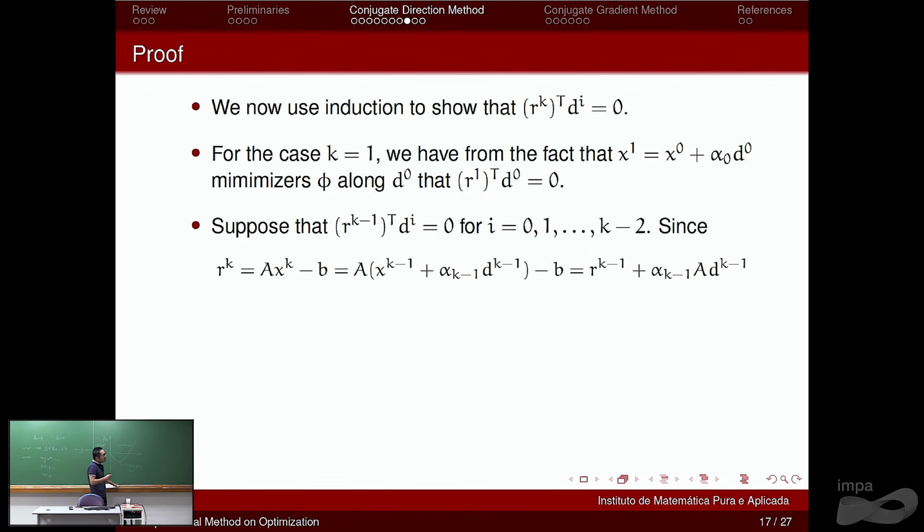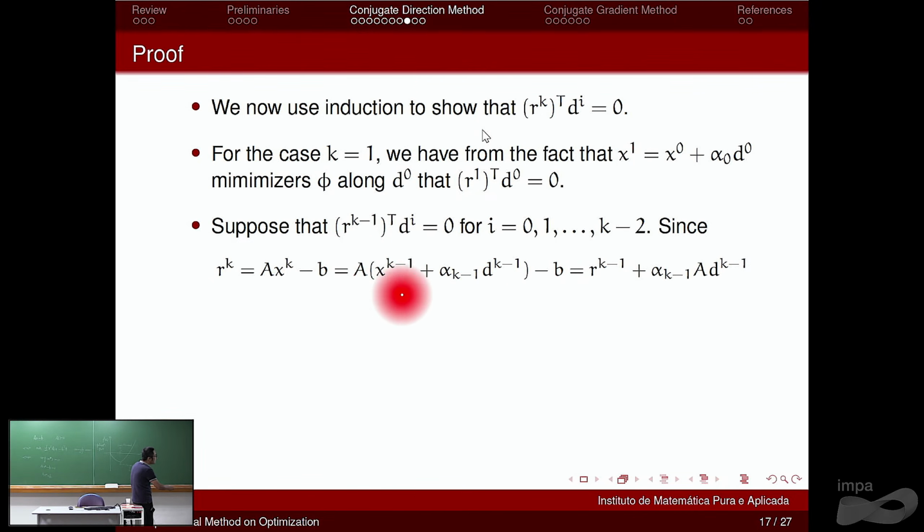Next, we suppose rk minus 1 transpose di equals 0 for all i equals 0 to k minus 2. For rk, by the definition, it equals Axk minus b, and we can substitute xk by the definition of the conjugate direction method. So xk equals xk minus 1 plus alpha k minus 1 dk minus 1, minus b.